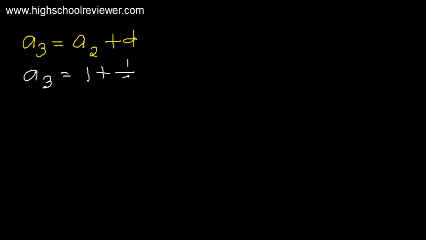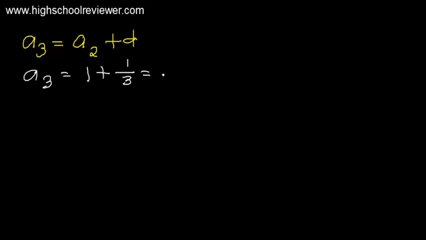So our a sub 3, this will just be equal to, since we already have a sub 2, a sub 2 plus d. So the value here of a sub 3 will be our a sub 2, which is positive 1, plus our d, which is 1/3.